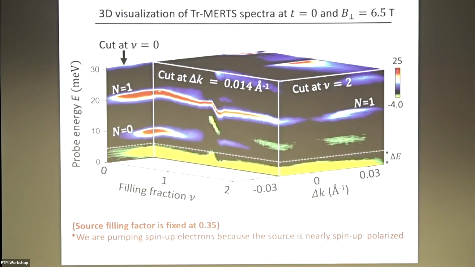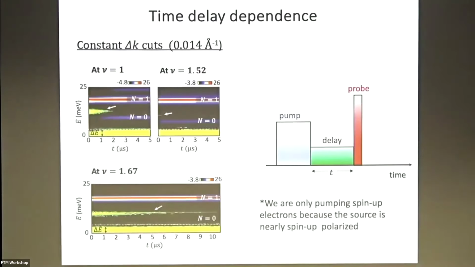That's because electrons, when they're pulsed into n=1, rapidly decay into n=0. However, if you go beyond nu=1 in the target, then the decay is also rapid again. It's only slow around here, but it's also slow as you approach nu=2, so you start to see some yellow stuff as well.